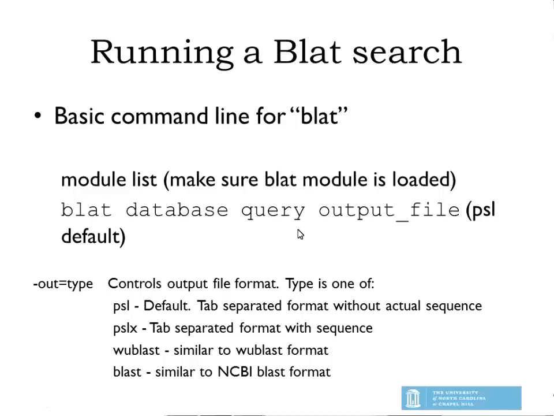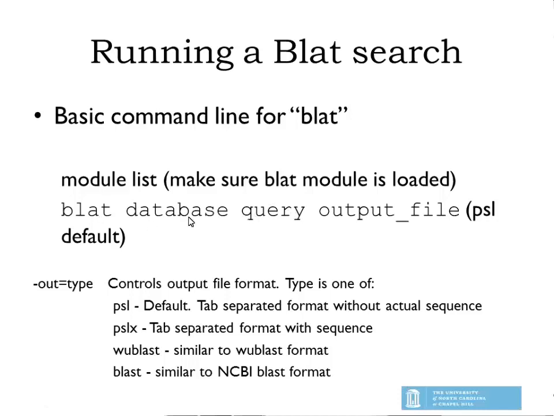There are obviously ways by which you can index a file for faster access. If you are going to run, for example, a BLAT search against the human genome, even though you could provide the human genome as a plain FASTA text file, there are ways by which a binary version of that file can be made available to BLAT. And that we can probably talk about once we finish this basic use of BLAT.